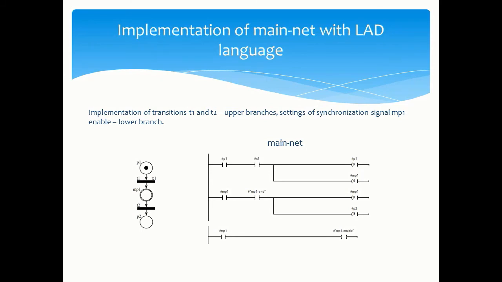Allowing the execution of the operations of the subnetwork associated with the macro place MP1 is realized in this block by the activation of the output signal MP1 enable.